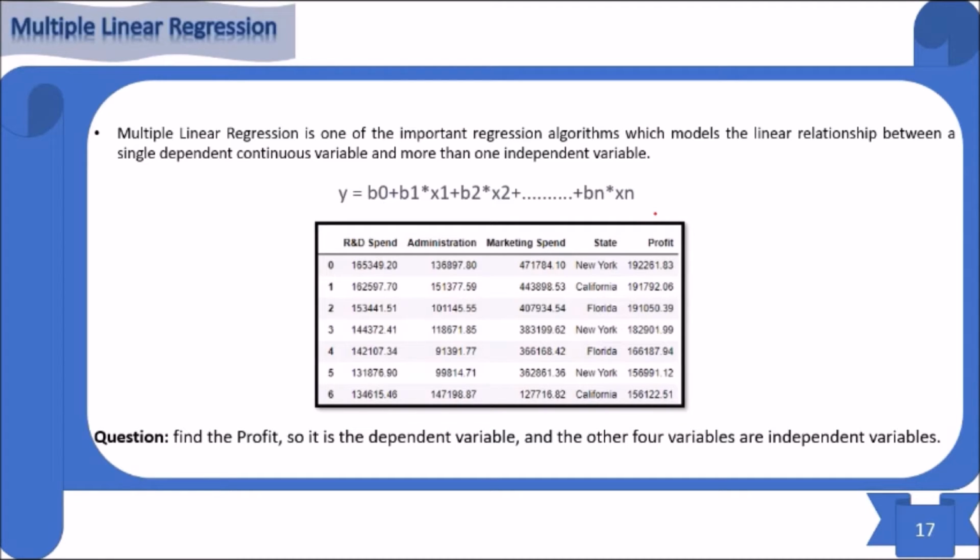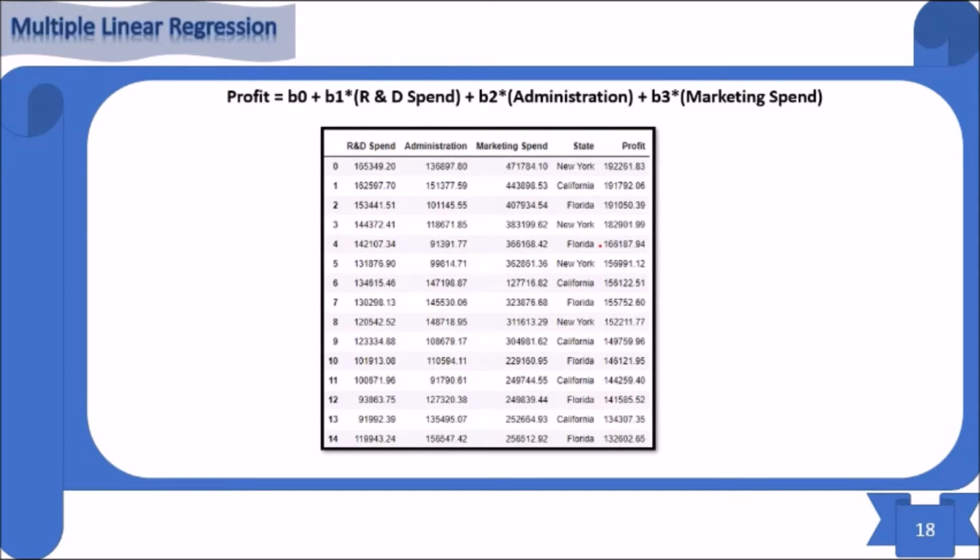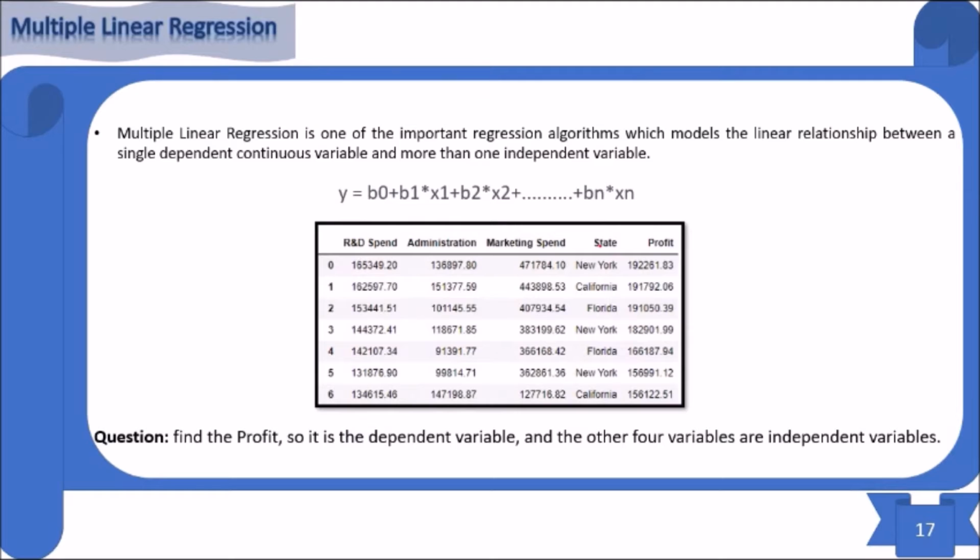We have a data set called startup.csv. With this video, I will share the links from where you can download the data set. The data set contains the profit earned by 50 startups. There are several expenditure values, so we have this data set which includes R&D spend, administration, marketing spend, state, and profit.